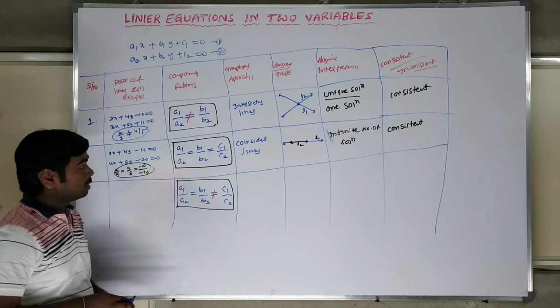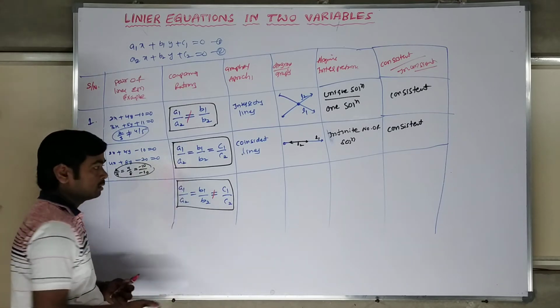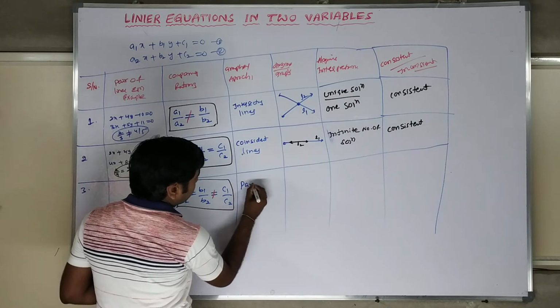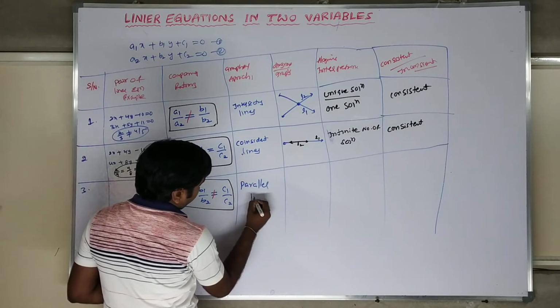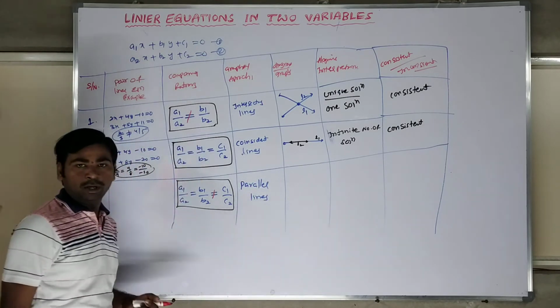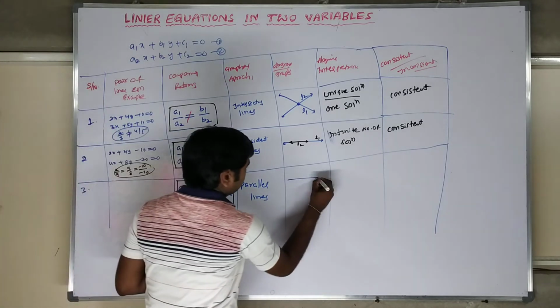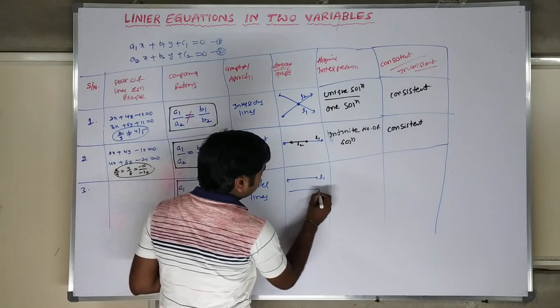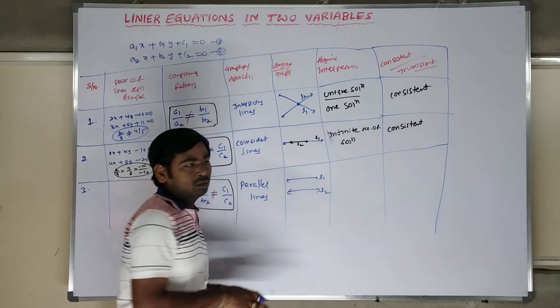That time the lines are called parallel lines. Line 1 goes like this, line 2 also goes like this. Both should not touch.